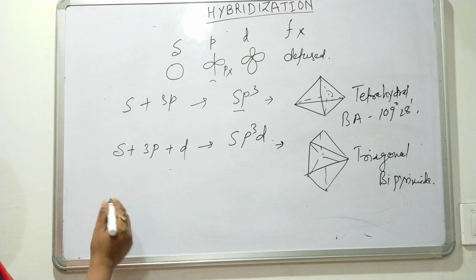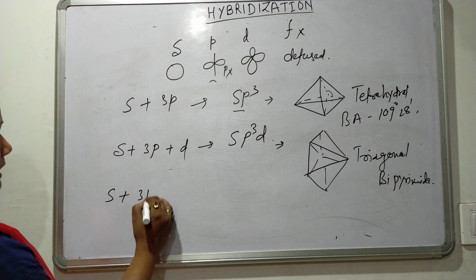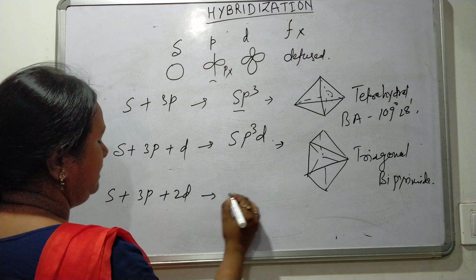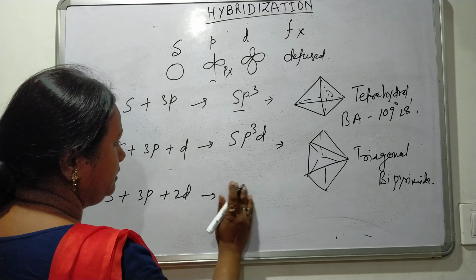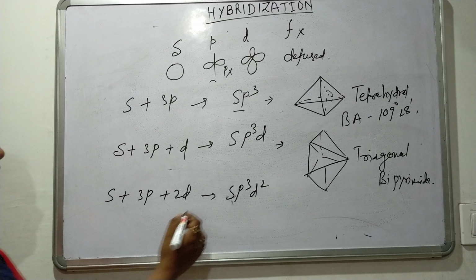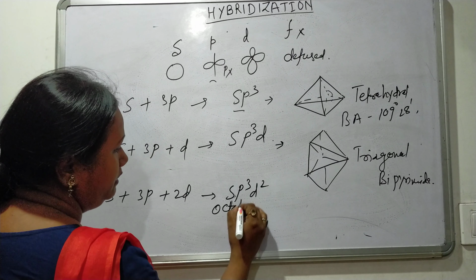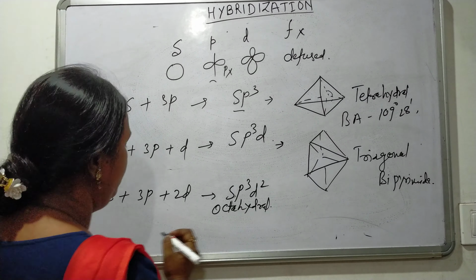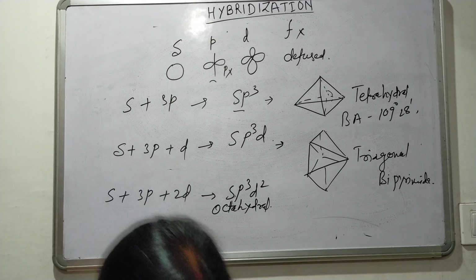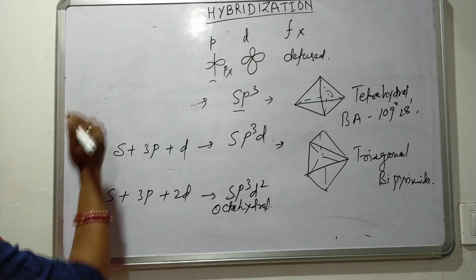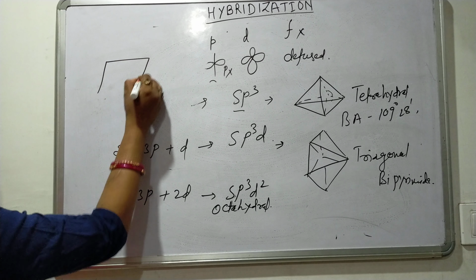Where one s, three p and two d orbitals are mixed together, it will form sp3d2. This is the octahedral. I am going to make the structure of octahedral here. This is the structure of octahedral.